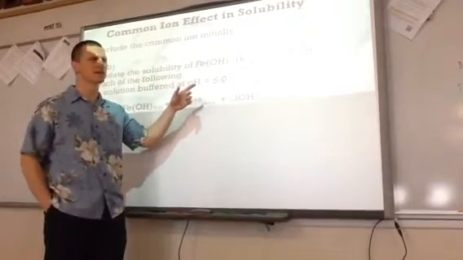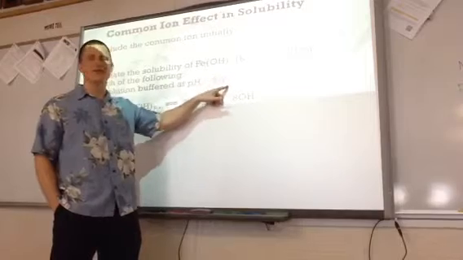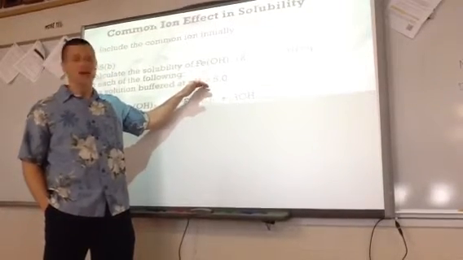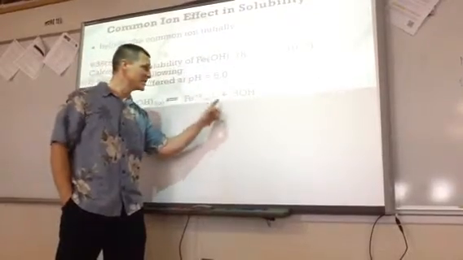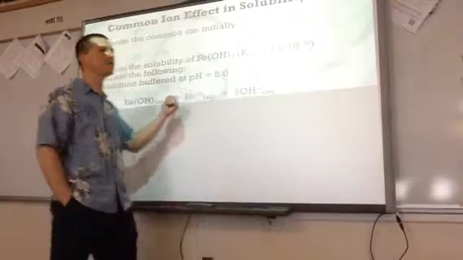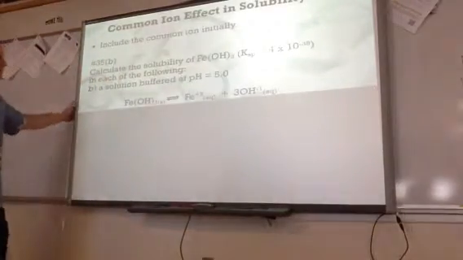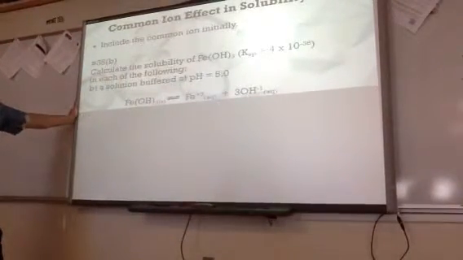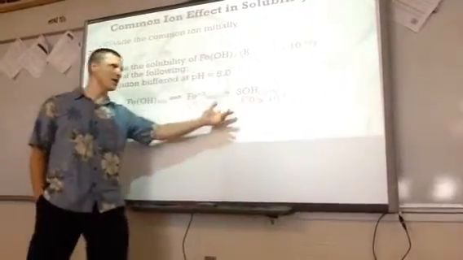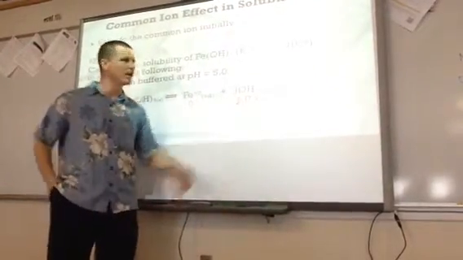Well, the pH is 5, making the pOH 9, right? 14 minus 5. So if the pOH is 9, the concentration of hydroxide is 1 times 10 to the negative 9. Spencer, would you uncover the shade there? Thank you. So this is what our ice table looks like. We do have an initial concentration of this.